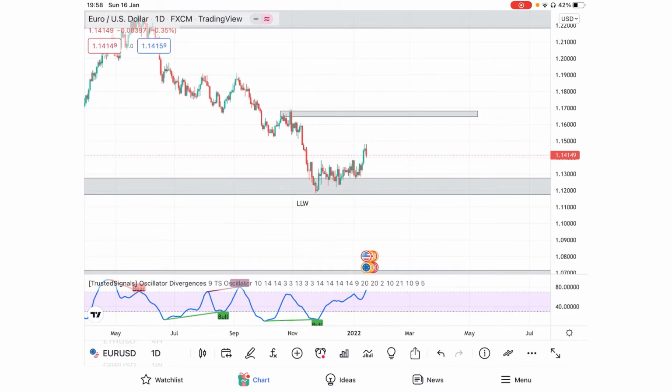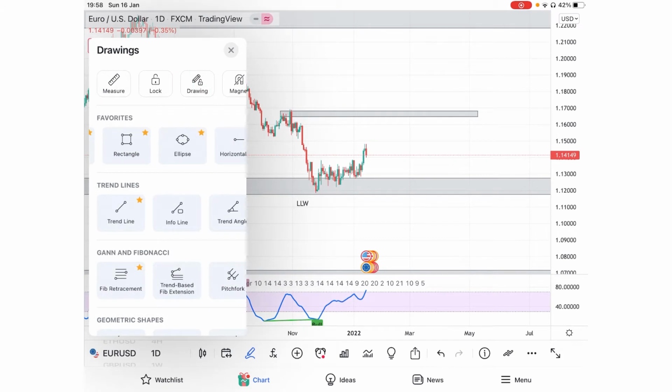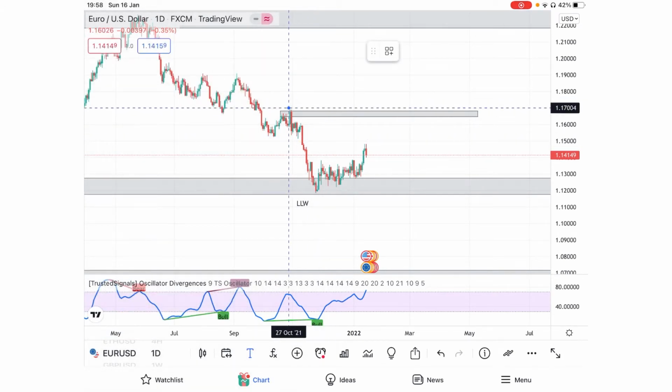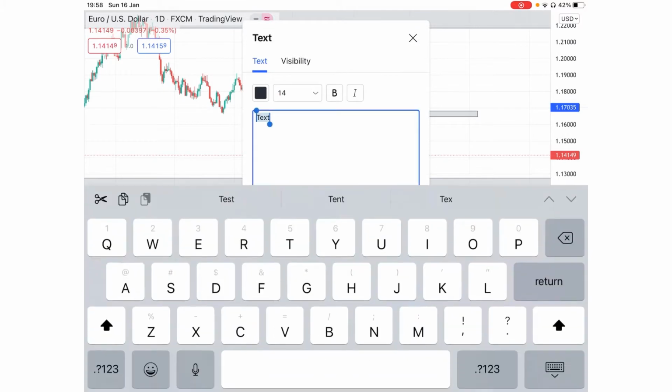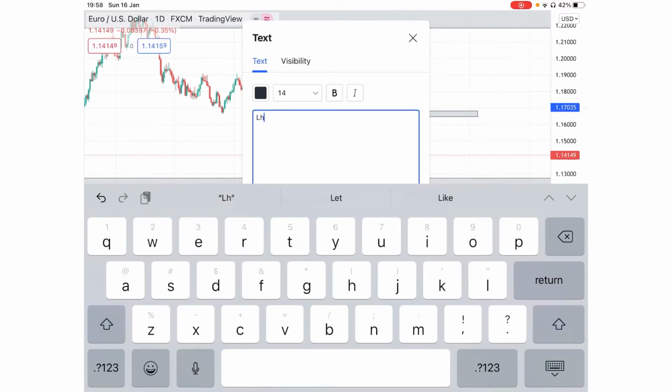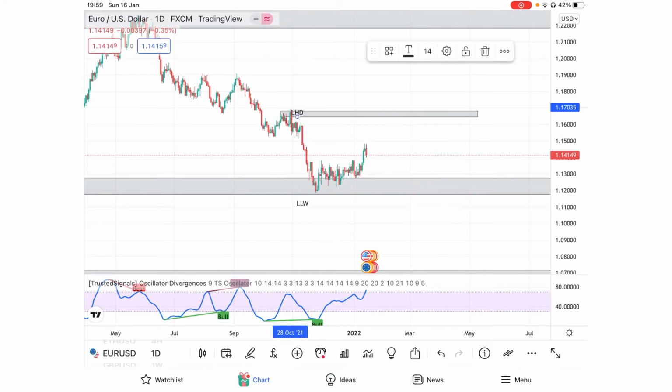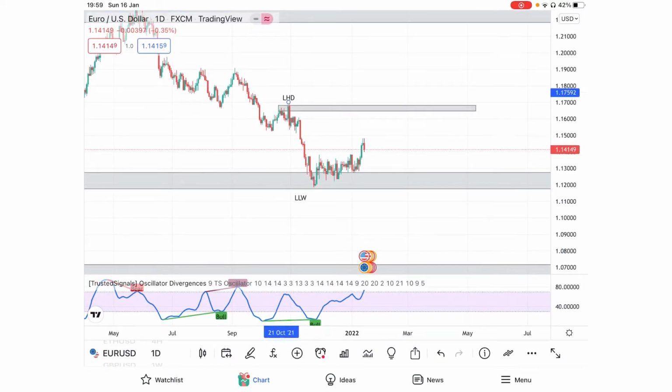That's also the lower low from the weekly. Let me just draw a daily lower high here. Boom, lower high LHD to know that it's from the daily. We'll put it right up here.